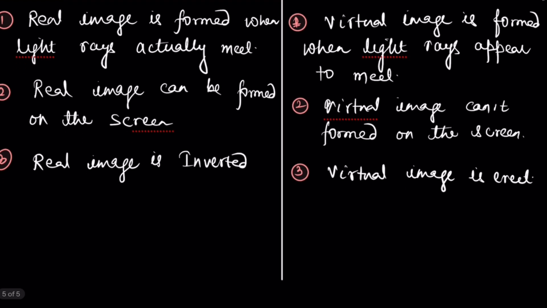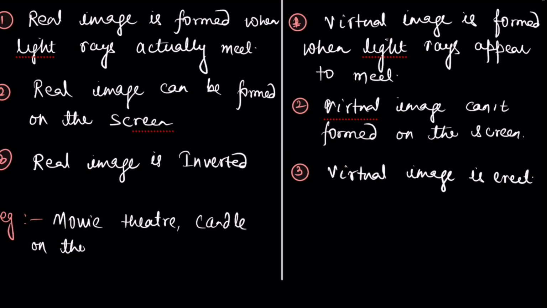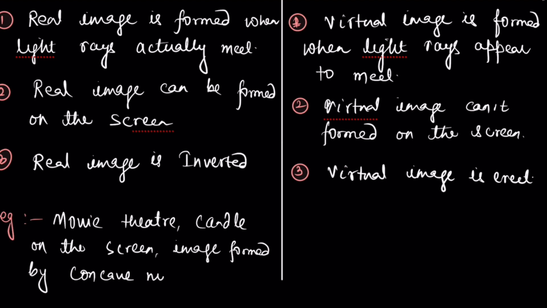So what are the examples of this? I will explain real and inverted. First, I just write the examples. For real images: movie theater, candle on the screen, image formed by concave mirror.